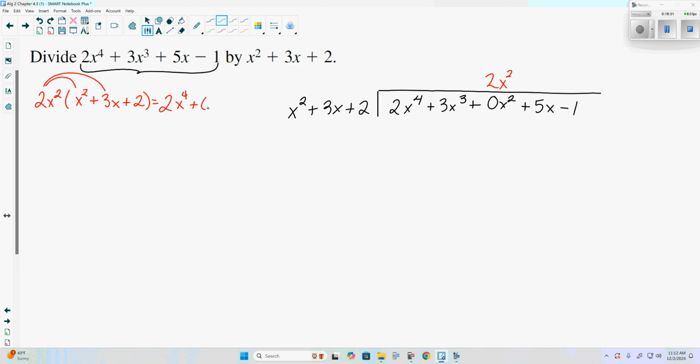Well, our 2 times 3 is going to be 6, and x squared times x is going to be x to the third. And lastly, 2x squared times 2 is going to be plus 4x squared. And then we're going to put it underneath: 2x to the fourth plus 6x cubed plus 4x squared.